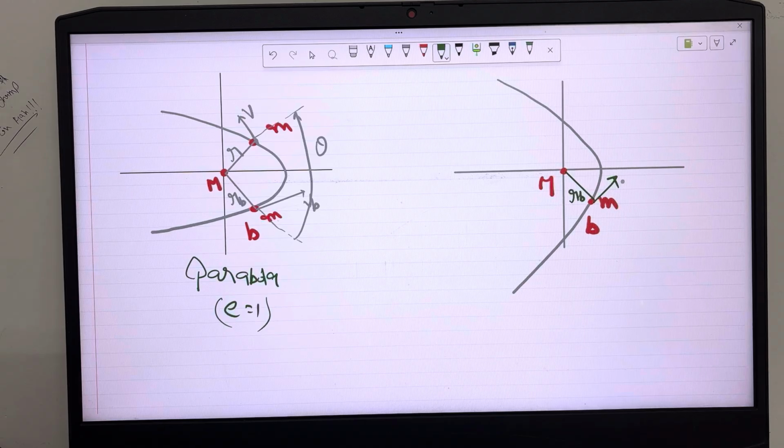This velocity is known as your burnout velocity. Again, after some time, if you fire the rocket, it will go to point m, and it will have some velocity. Then the distance will be vr, r. This is your angle of measurement, your theta. This is called your hyperbola.